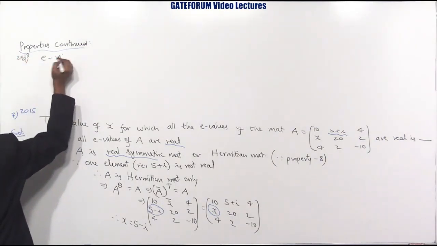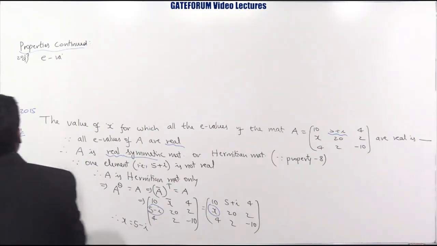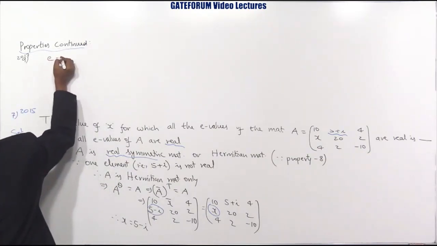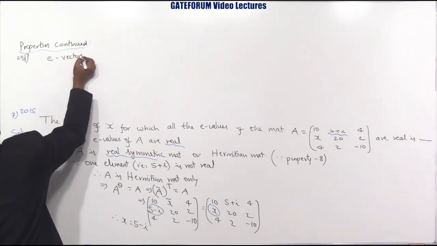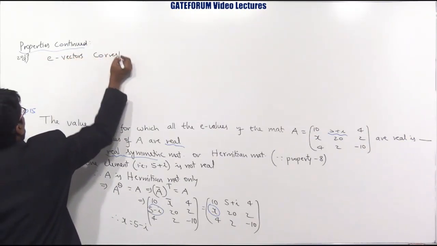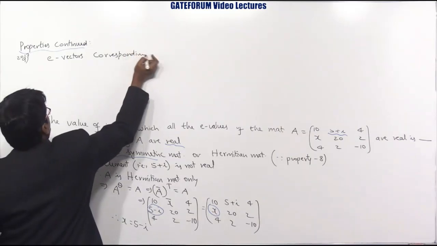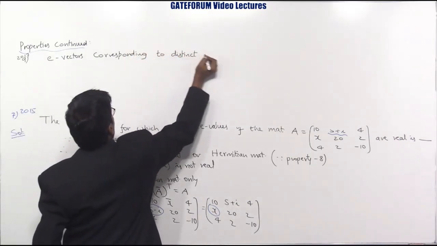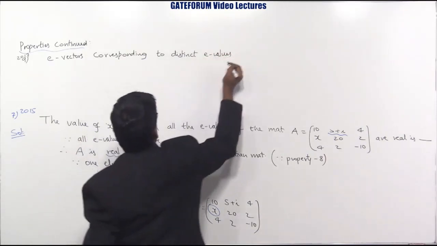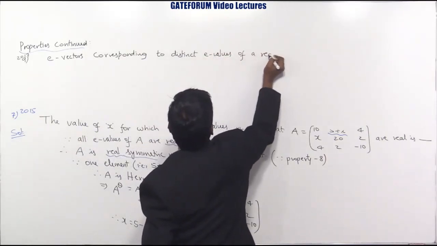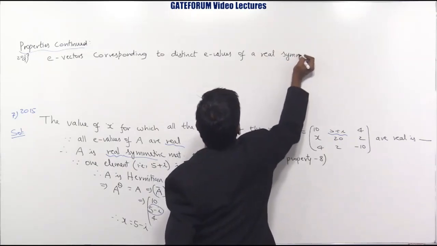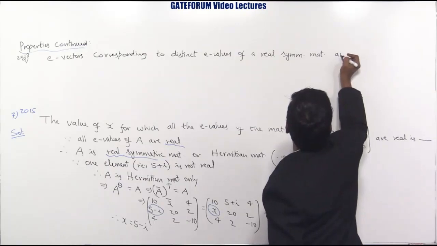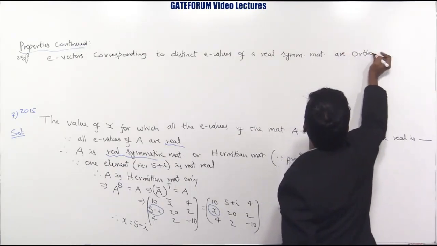Eigenvectors corresponding to distinct eigenvalues of a real symmetric matrix are orthogonal vectors.